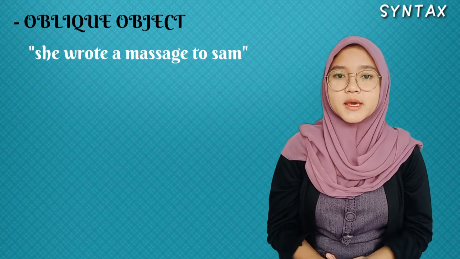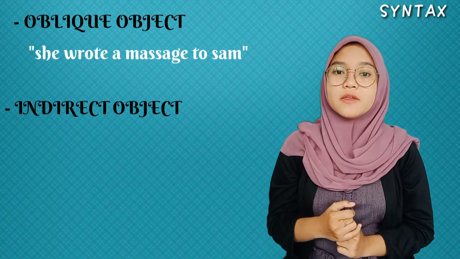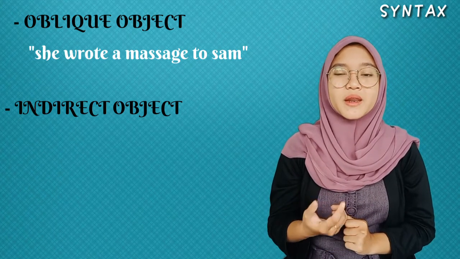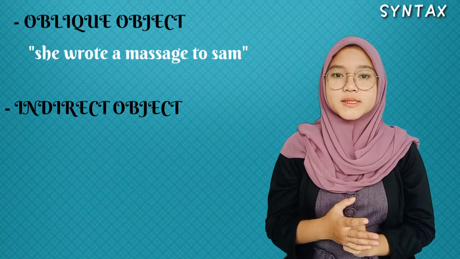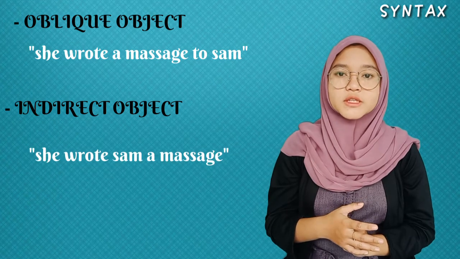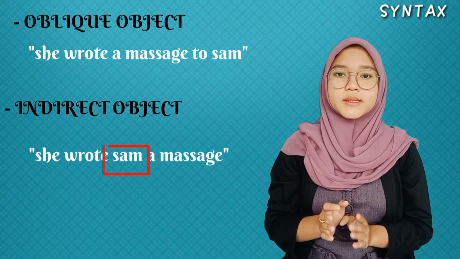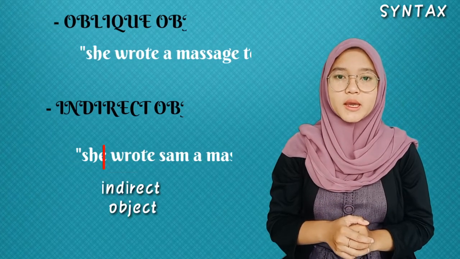The next is the indirect object. The indirect object is the entity that benefits from the action of the verb. For example, she wrote Sam a message. And message is the direct object.